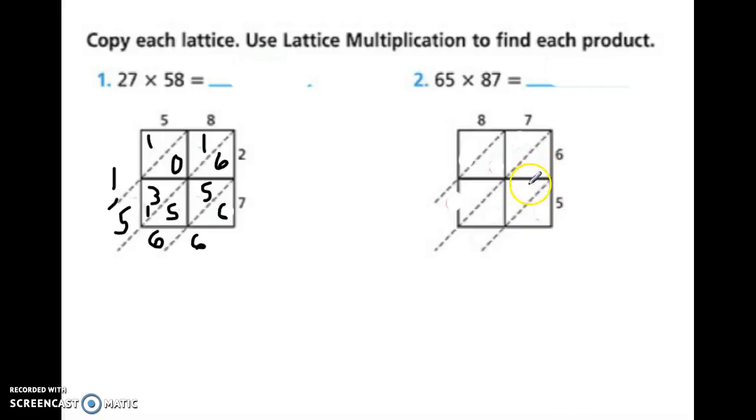5 times 7 is 35. Not a very good 3 there, sorry. It's hard to write on the computer. 35. 7 times 6 is 42. And 6 times 8 is 48.